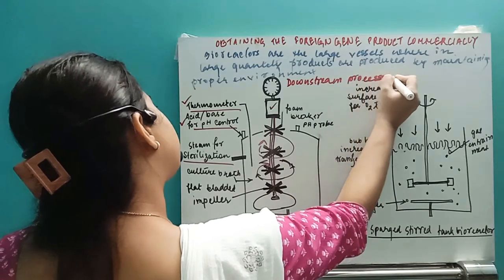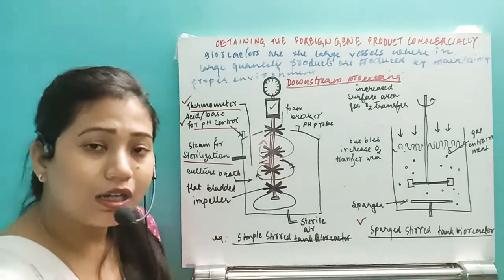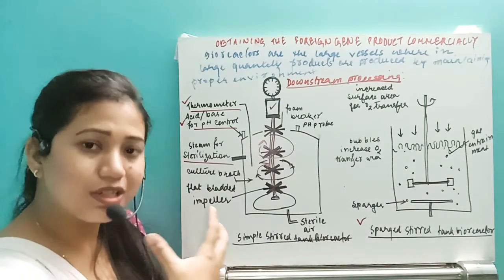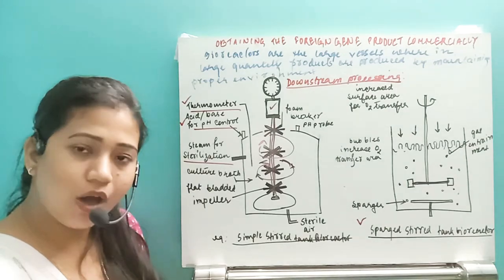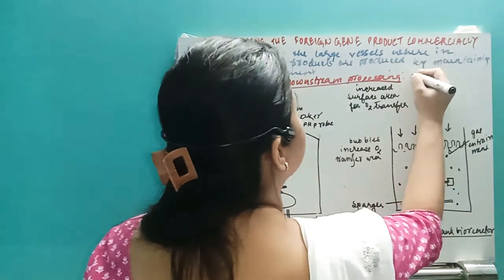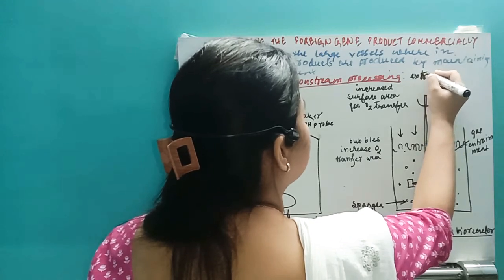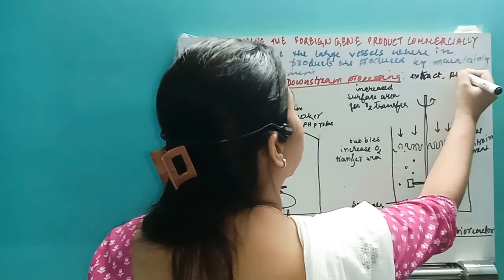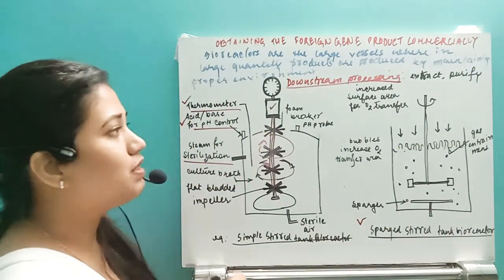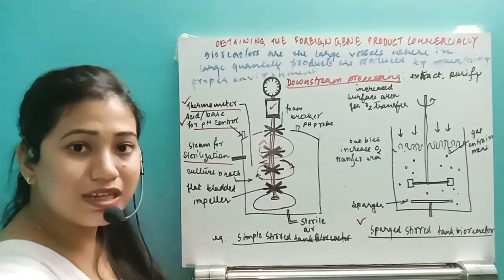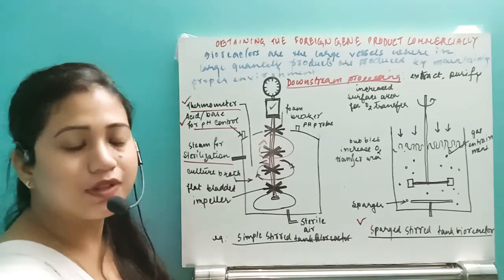So what is downstream processing? It is a technique by which we will first of all take the product from the cells. We will extract our product. Then after that we will purify it. Then we will go for the safety measures also.